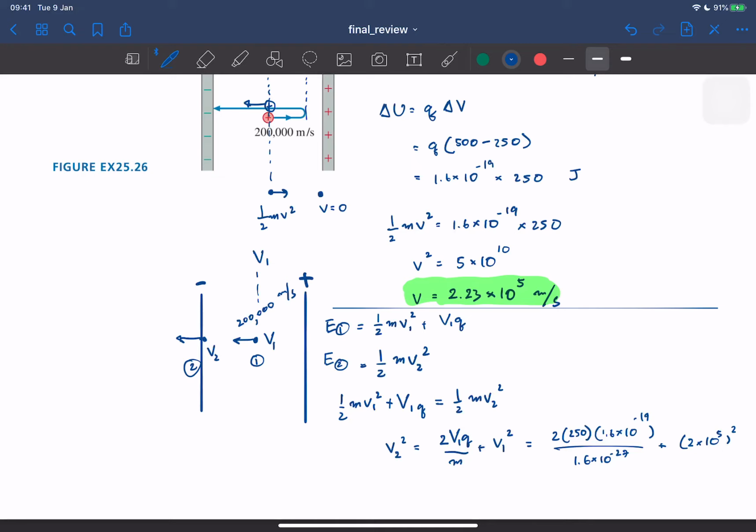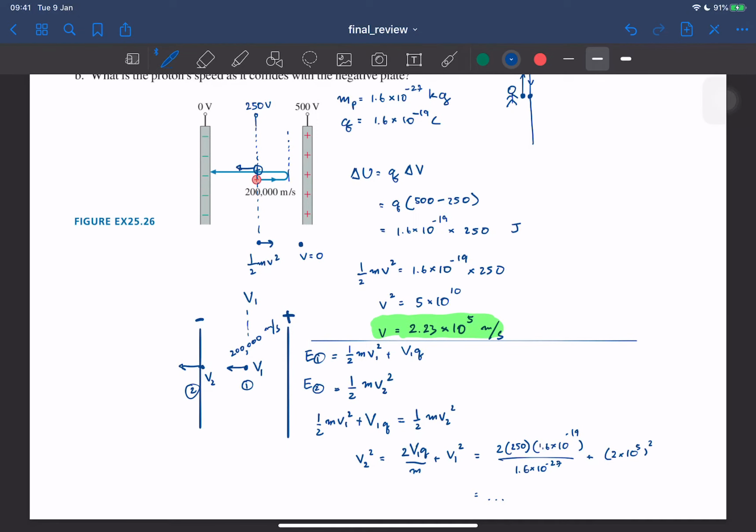Okay, and this one, I'll just leave you to do the number crunching because it's just plugging into the calculator. And then don't forget to take the square root of this whole thing. Okay, but this is how you do it.